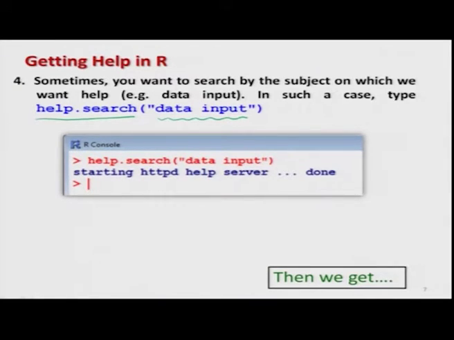Suppose I do not know what the different ways of data input are and so on, but I have some vague idea that I want to input the data. So in very simple language, I am trying to write down help.search, and inside the bracket with double quotes, I am trying to write data input. So now let us try to do it here. Copy this command into our R.